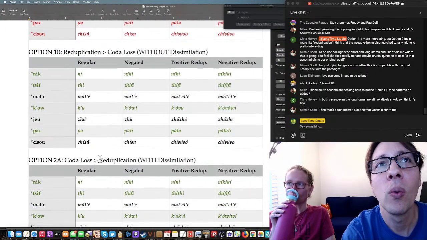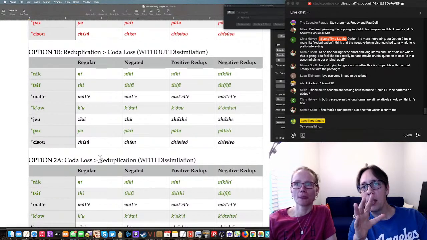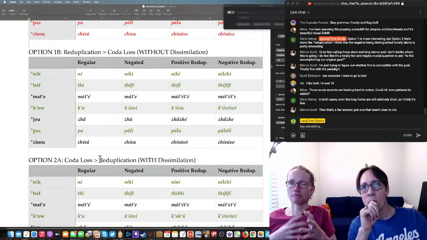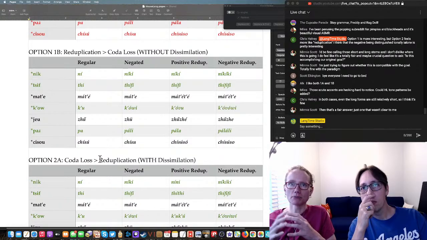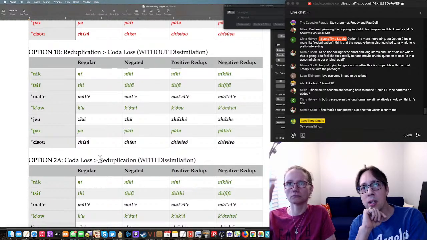Okay, so now we have 1B, and I think we're both happy with 1B as it is, right? Yes, and I do want to say I'm way happier with that epithetic vowel, and it made the positive reduplication make more sense in the weird cases. It just made more sense overall as a system in general. I really like how there are very few places where the negative form will be the same as the positive or duplicative form.